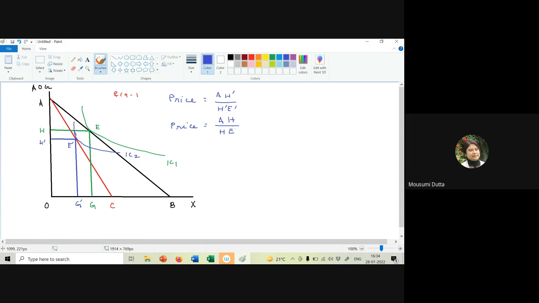The difference is the difference in the price. That is AH prime by H prime E prime minus AH by HE. This difference is the burden of the tax borne by the consumer.